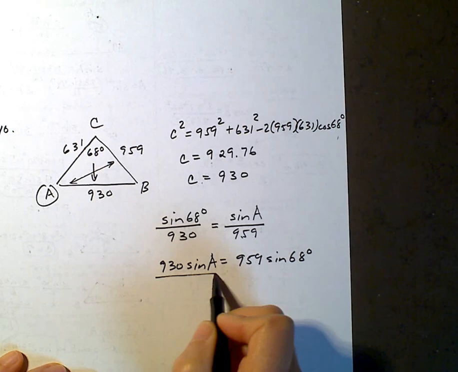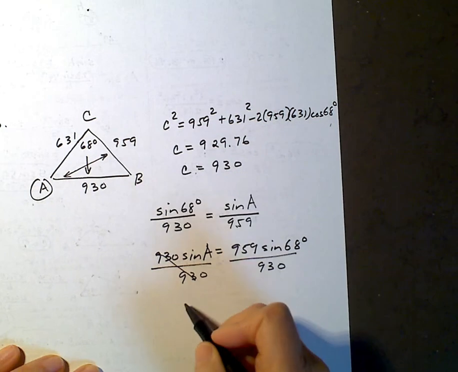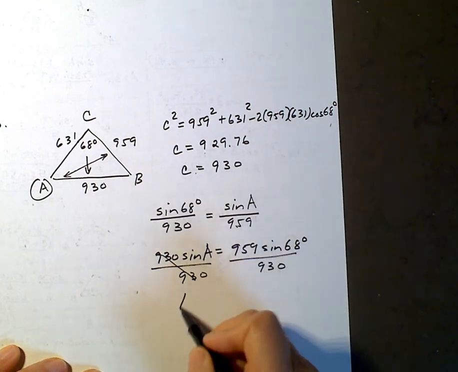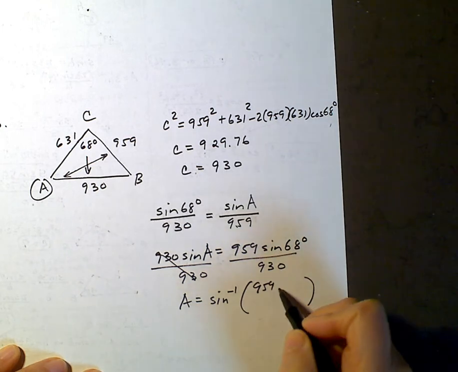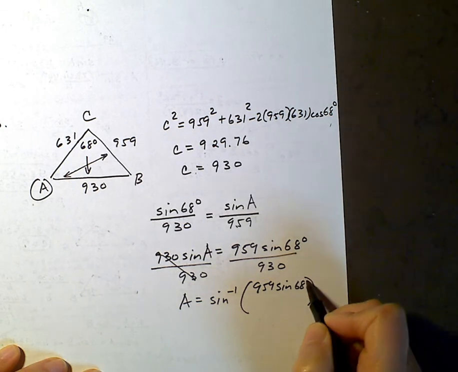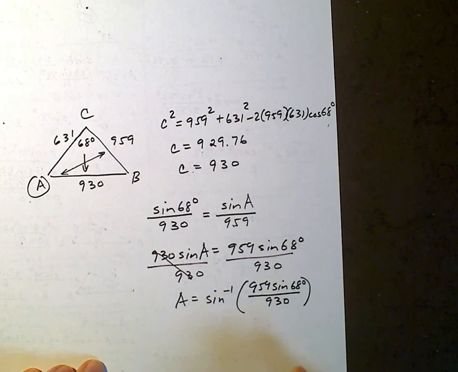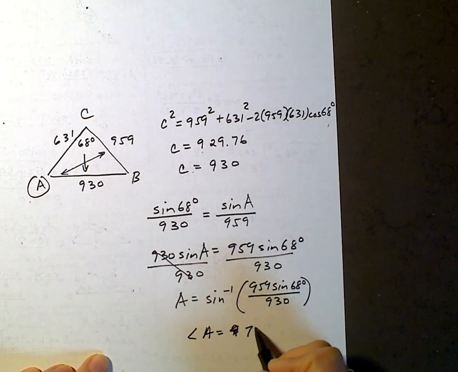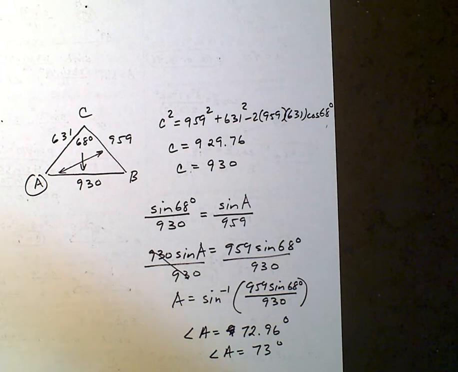And dividing through, so sine of A is this ratio, so A is the inverse sine of this ratio. So when I punch that in, we'll get that angle A is 72.96 degrees. So to the nearest whole degree, that would be 73 degrees. So that's it for side one of this review worksheet.